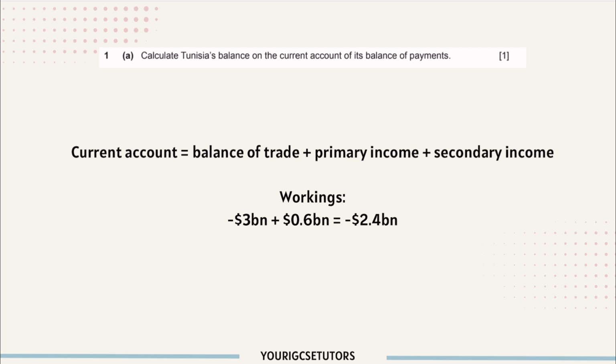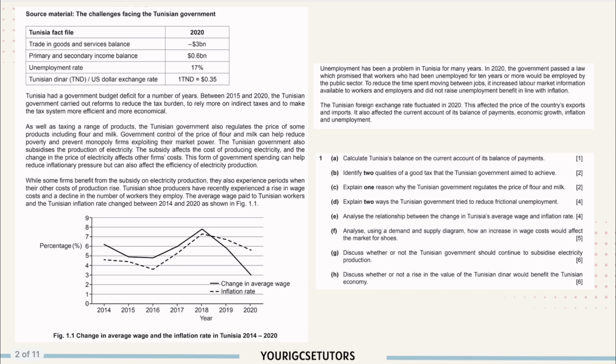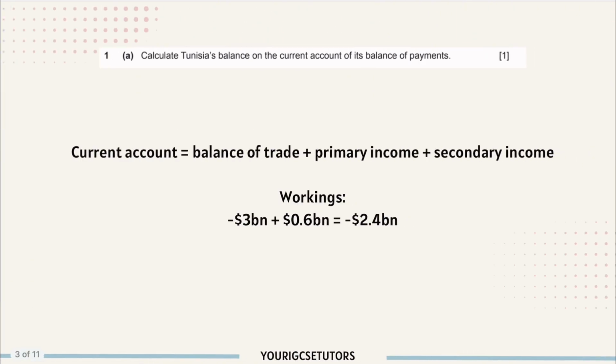So balance of trade generally means exports minus imports. Okay, so the working is you take the negative 3 billion, which is here, and then you minus out the primary and secondary income balance, which is this. So you get negative 2.4 billion.